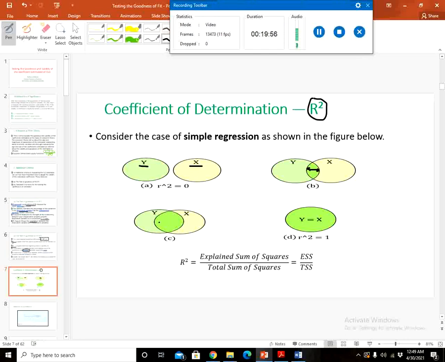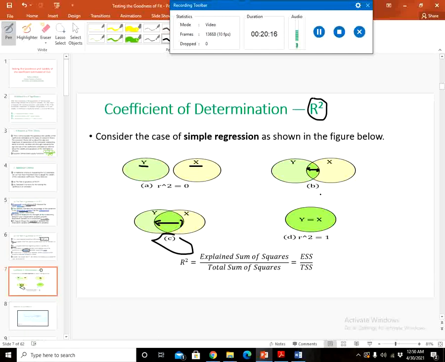Again, here we see the third model, where there is a higher common variation between X and Y, and the R-square will be higher, about 0.3 to 0.35.